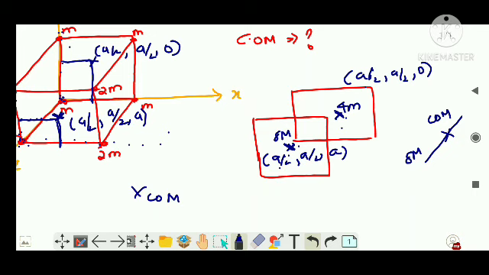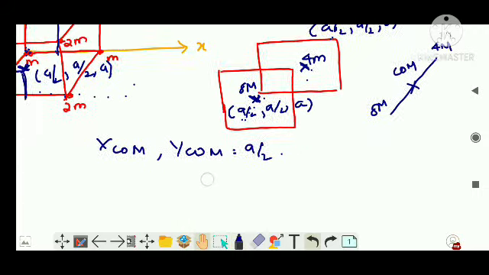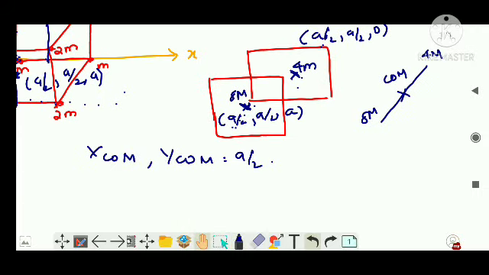Xcom and ycom will both be a by 2 itself, since the positions are the same. If you want, you can calculate m1 x1 plus m2 x2 divided by m1 plus m2, and you will get a by 2 itself. Now what will be the z coordinate of the center of mass?